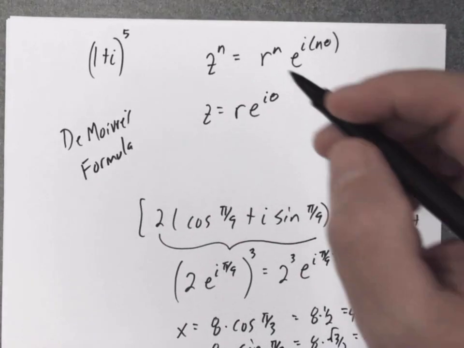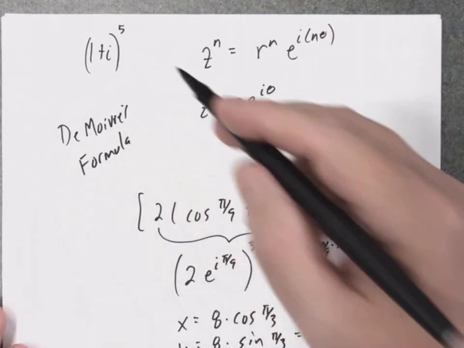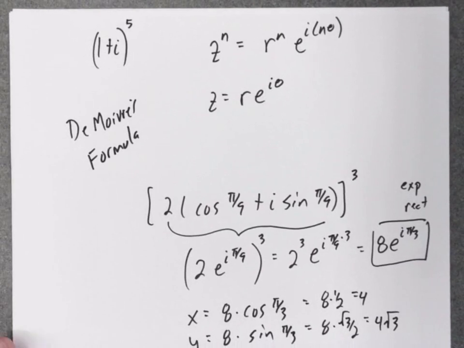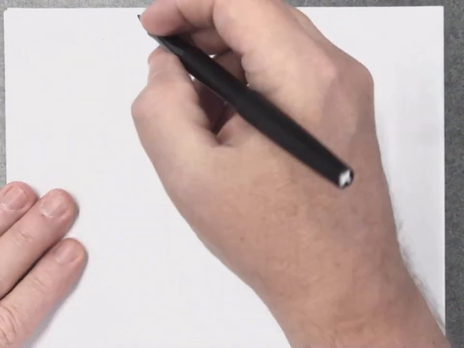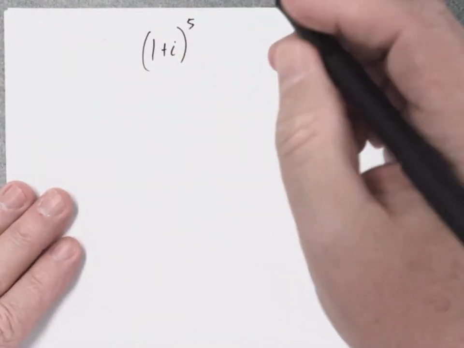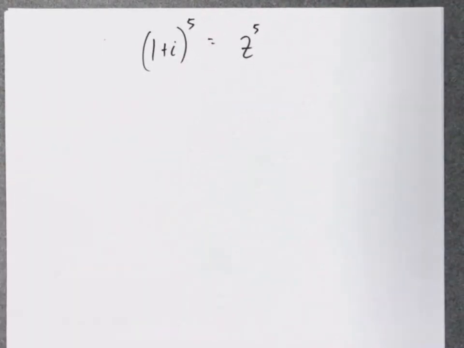Not too bad. So there's the rectangular and the exponential. Now let's go back. I'm going to grab this problem I talked about initially. Let's go ahead and work this out, and let's give the answer in the exponential form and also in the rectangular form. We'll call that z to the fifth. What we really need to do first is convert that complex number into the exponential form.